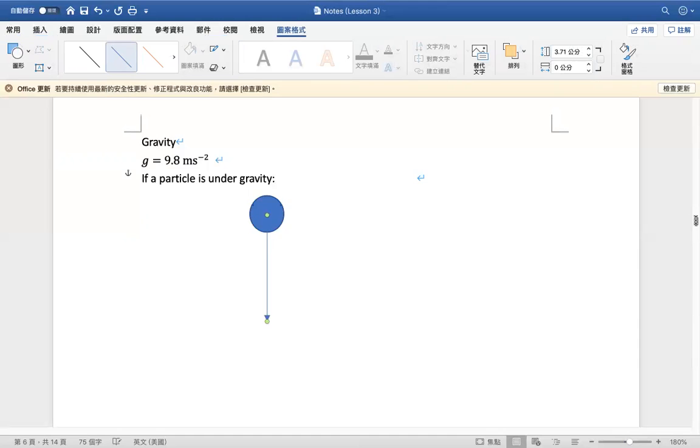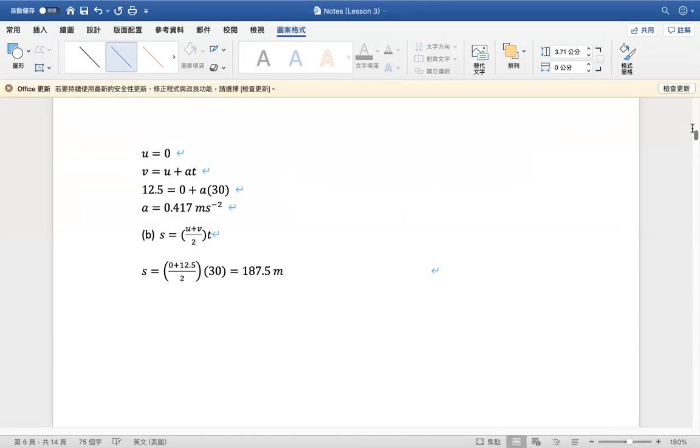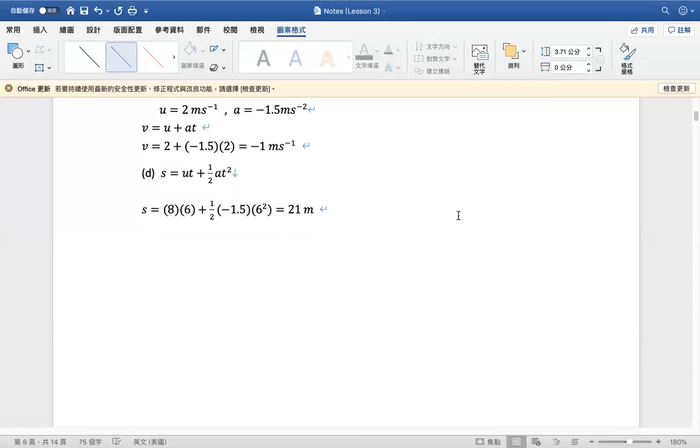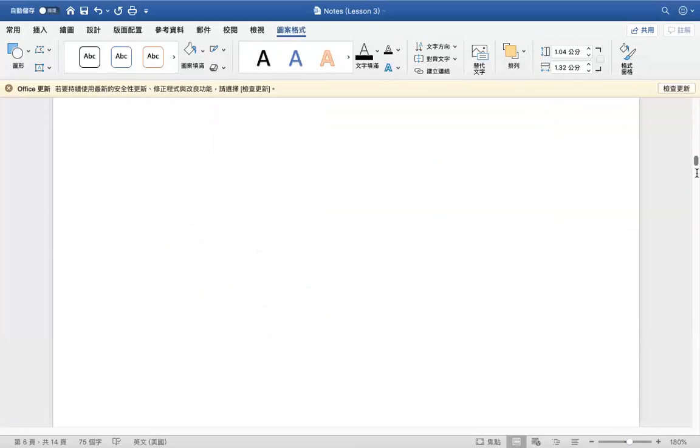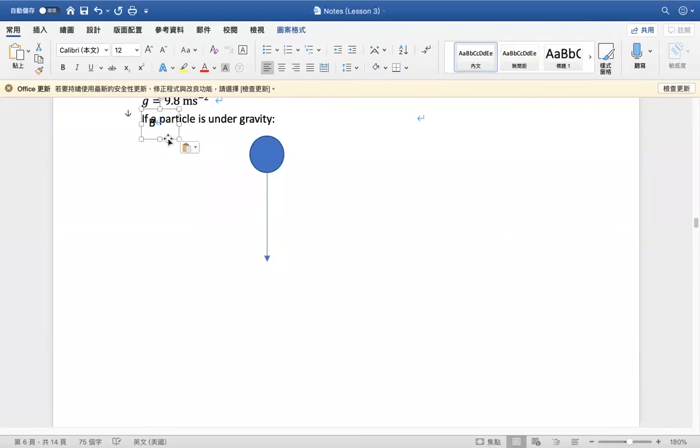Let me just call this acceleration g. This acceleration g, we call it the acceleration due to gravity.